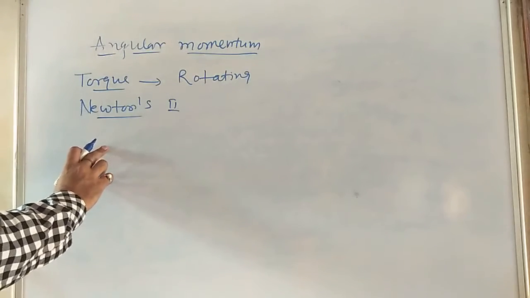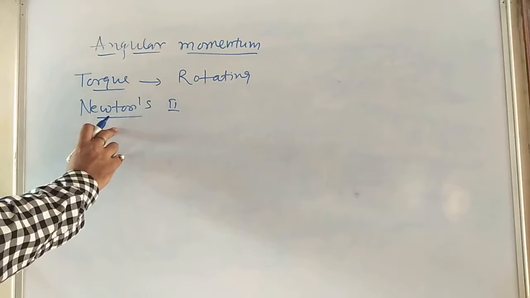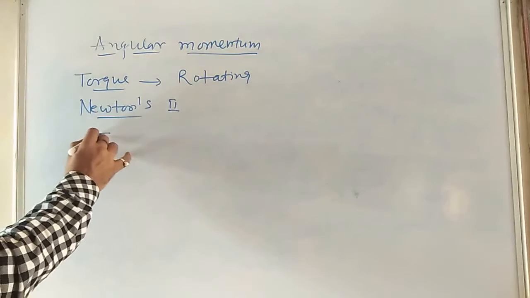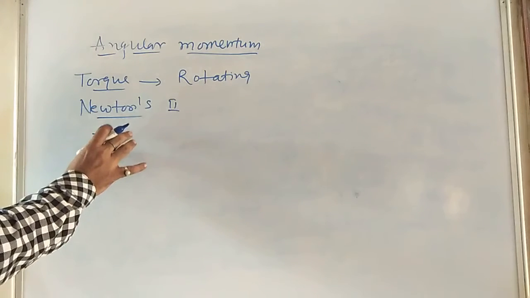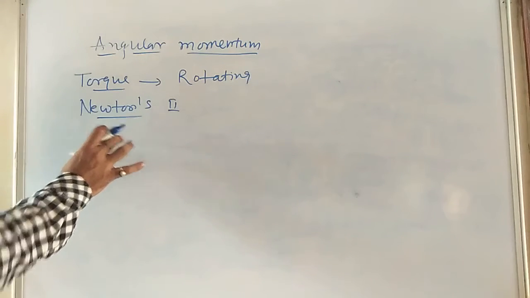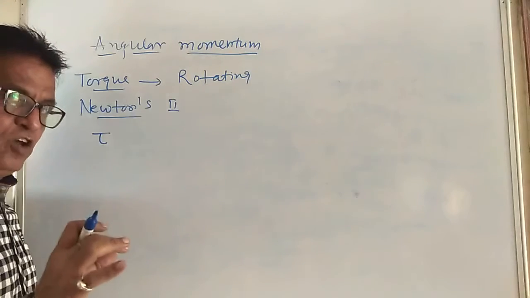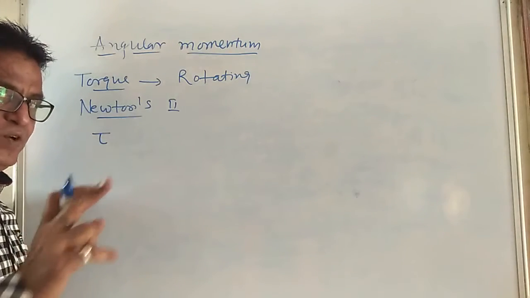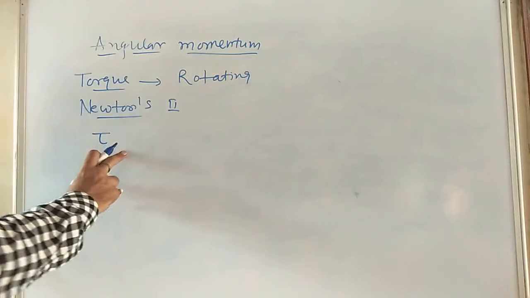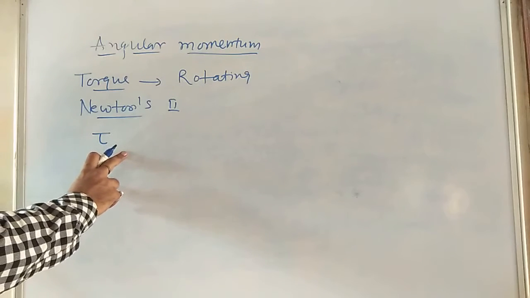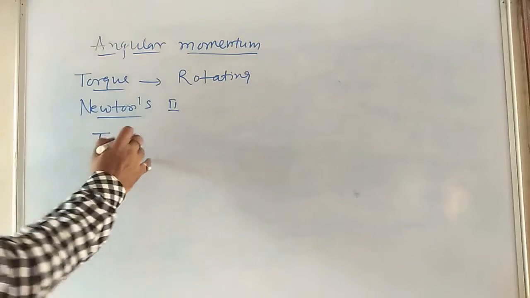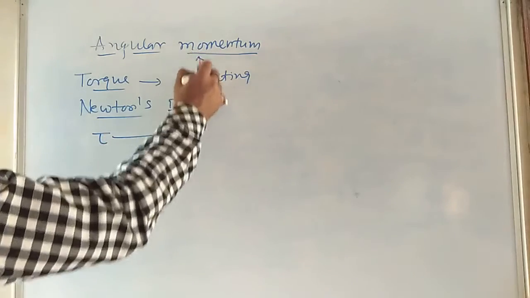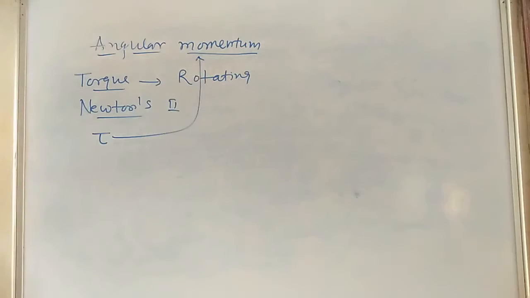So, if we can represent torque as the rate of change of some quantity, that quantity will be the rotational analog of linear momentum. There it was linear momentum, here another quantity will come, and it can be appropriately called angular momentum, which we are going to discuss.